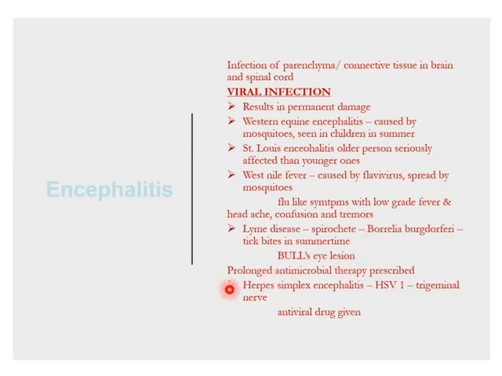Okay. Prolonged antimicrobial therapy is generally prescribed. Why? Because the brain is affected, and you need to protect the brain against the organism, so a very long antibiotic therapy is given. Herpes simplex encephalitis: HSV1 is a trigeminal nerve virus, and it can also cause encephalitis, and the drug given in this case is an antiviral drug because this is a virus.